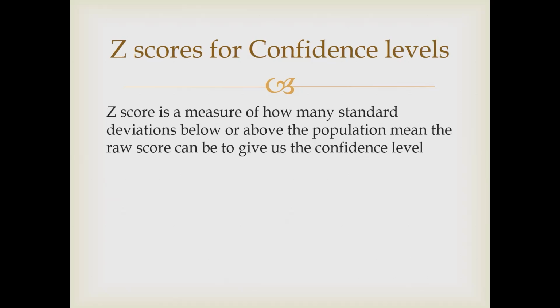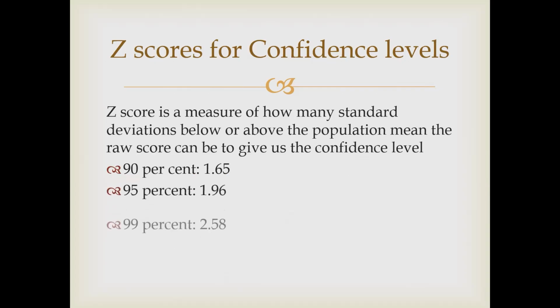The raw score can give us this confidence level. Supposing you want 90% confidence level, then the Z score is 1.65, for 95% it is 1.96, and for 99% it is 2.58. So in the formula, we'll be using these in the place of Z. Normally we take 95%, so we'll be using 1.96. Okay.